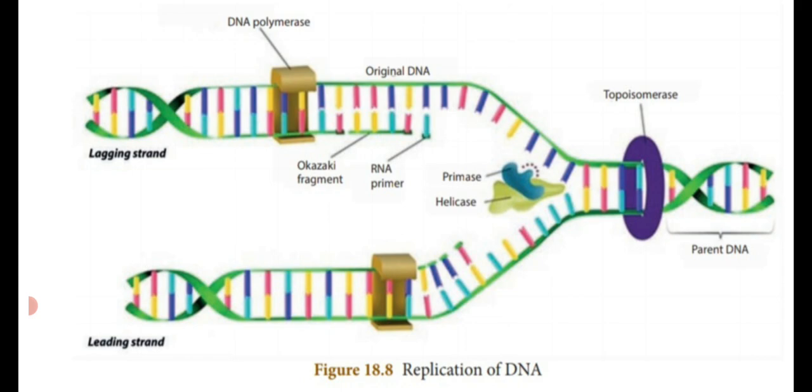Before the breaking of these strands, with the help of the RNA primer, the nucleotide sequences are added in the newly formed strand. So discontinuous strands are known as the lagging strand. Continuous strands are known as the leading strand. Then, the nucleotide sequences are added with the help of the enzyme known as DNA polymerase.